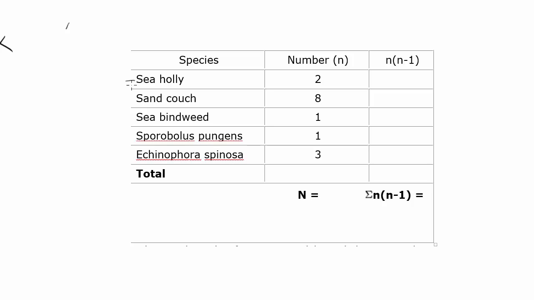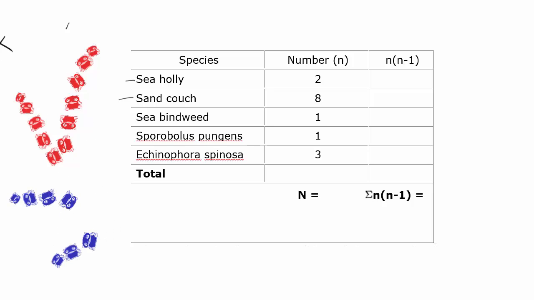Now here you can see that you have sea holly, sand couch, and so on listed. For you, obviously, you're going to have different organisms, and you're not expected to be able to identify them, but you could imagine if you saw organisms that looked like this, you had some red ones, and maybe there's some blue ones.